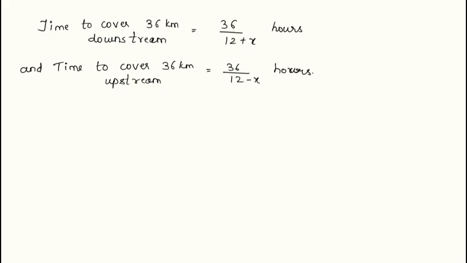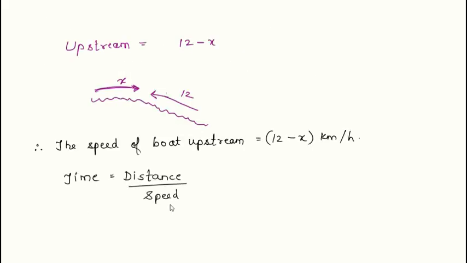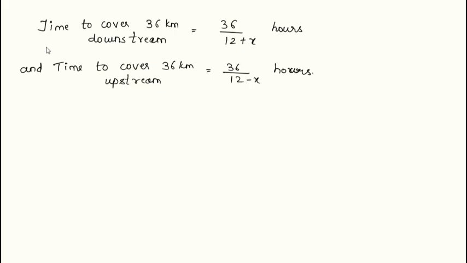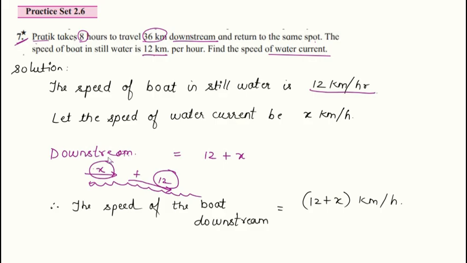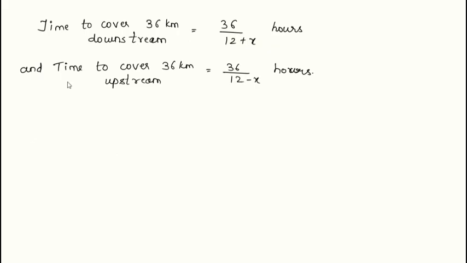So we need to find the time to cover 36 kilometer downstream. Time is equal to distance, 36 kilometer, upon speed, which is 12 plus x for downstream. And the time to cover 36 kilometer upstream is equal to 36 upon 12 minus x hours.